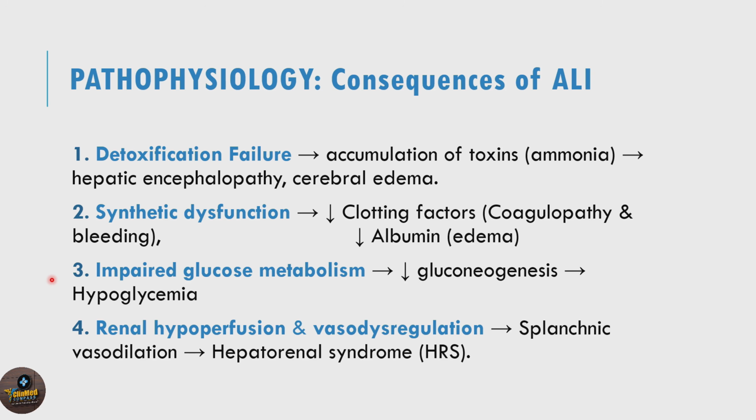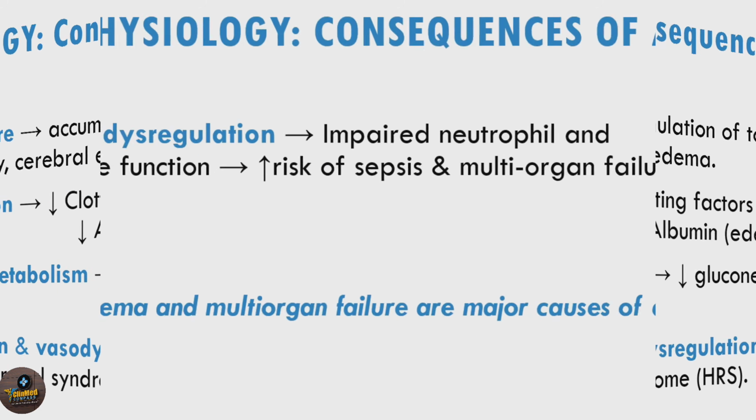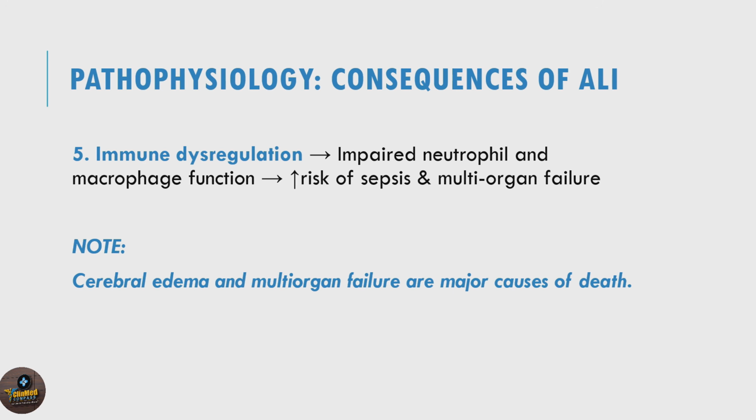The fourth consequence includes renal hypoperfusion and vasodysregulation, leading to splanchnic vasodilation and hepatorenal syndrome. Another major consequence is immune dysregulation. This leads to impaired neutrophil and macrophage function, increasing the risk of sepsis and multi-organ failure. Notably, cerebral edema and multi-organ failure remain leading causes of mortality in acute hepatic failure.